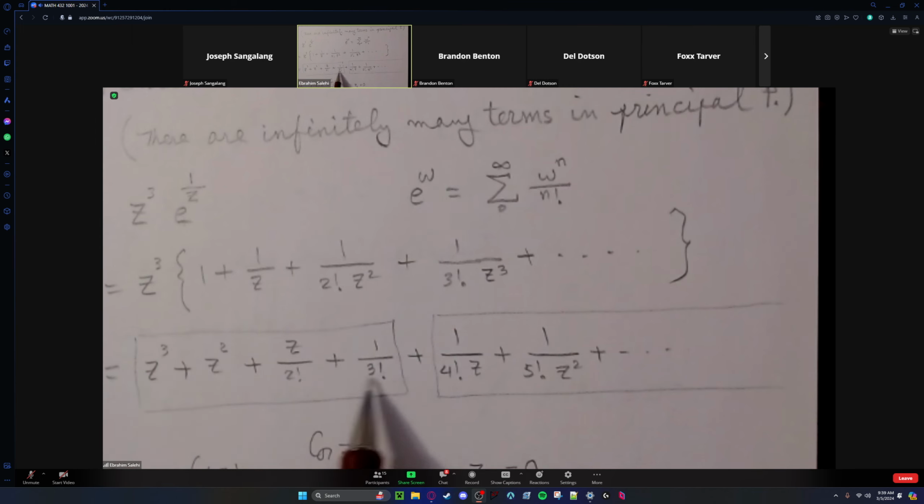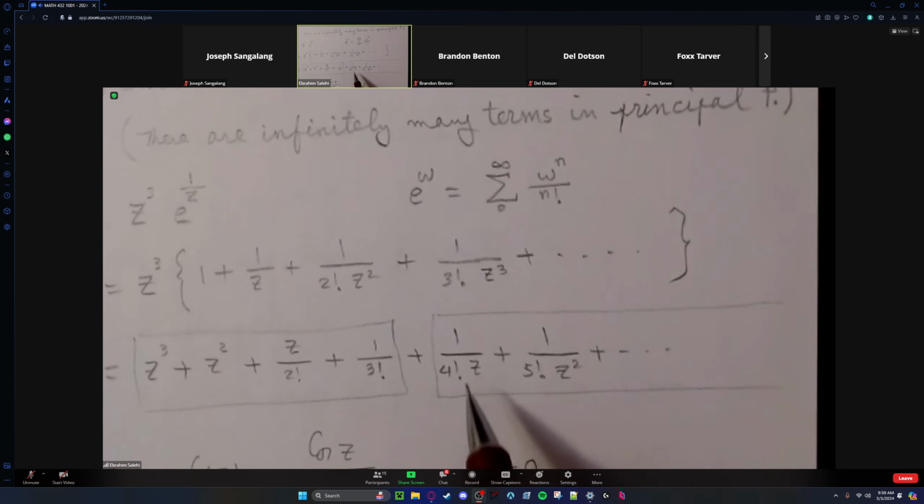This part is good. We call it the analytic part. But look at this part. Here I have 1 over 4 factorial z to the negative 1.